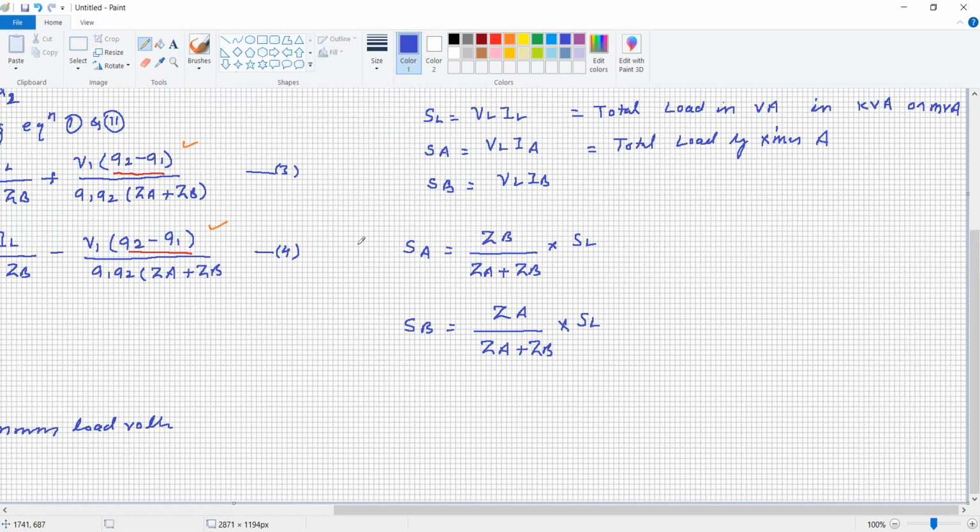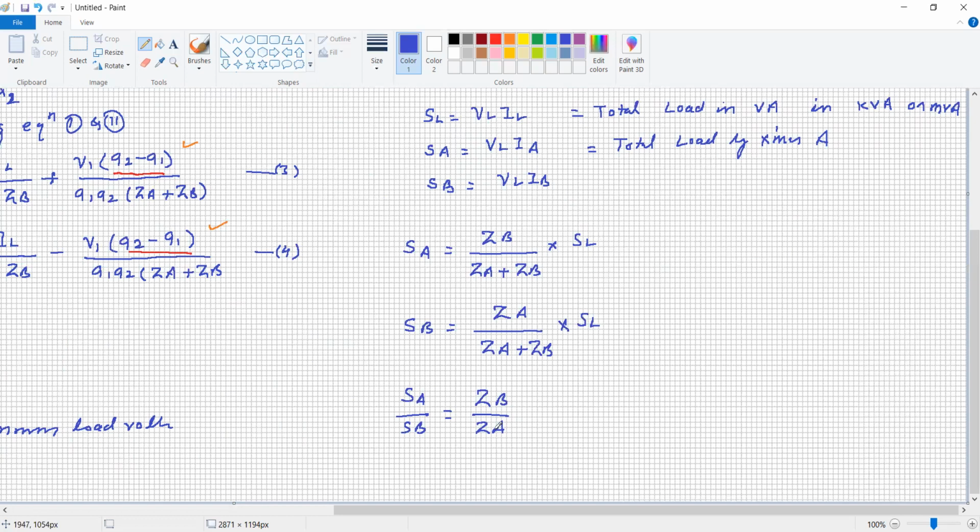For example, if we take the ratio of SA upon SB, it is simply ZB upon ZA. So the kVA supplied by each transformer is inversely proportional to their impedance. If the impedance value is small, it will supply more, isn't it?